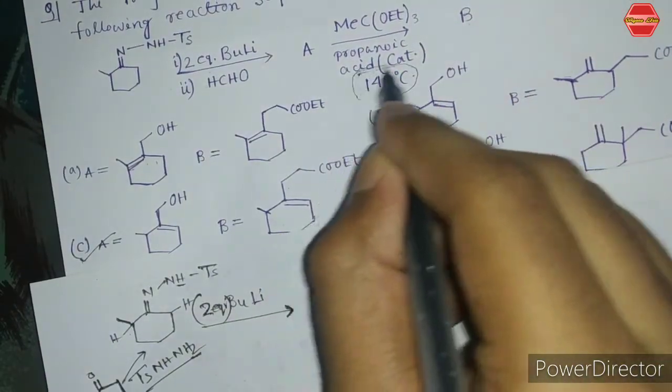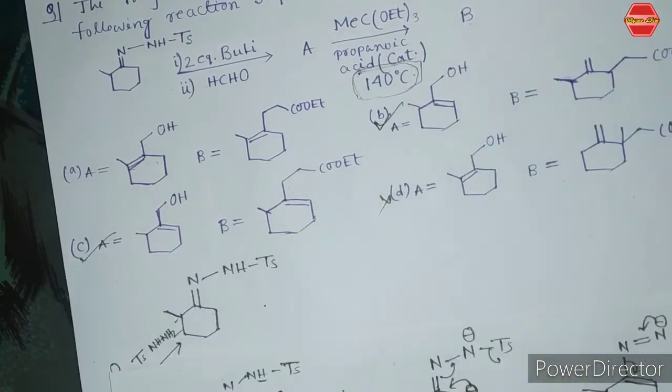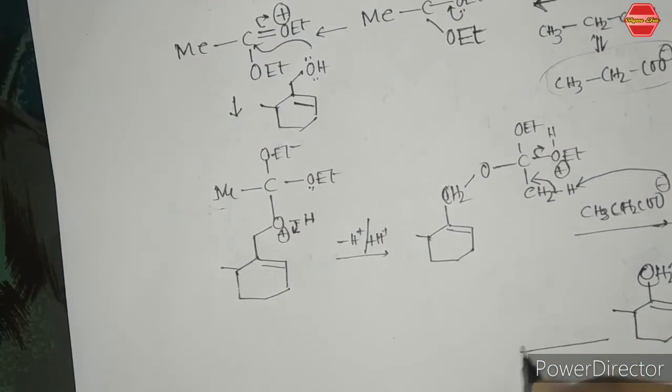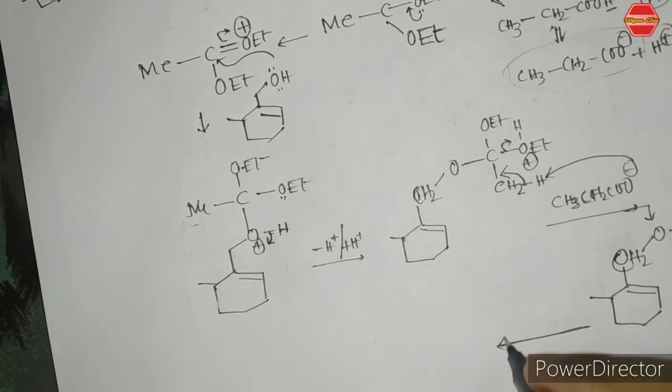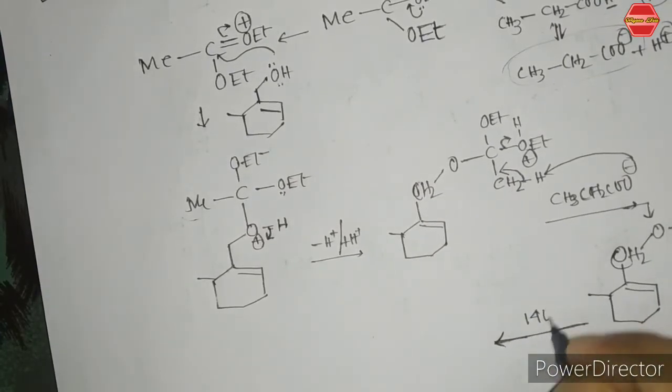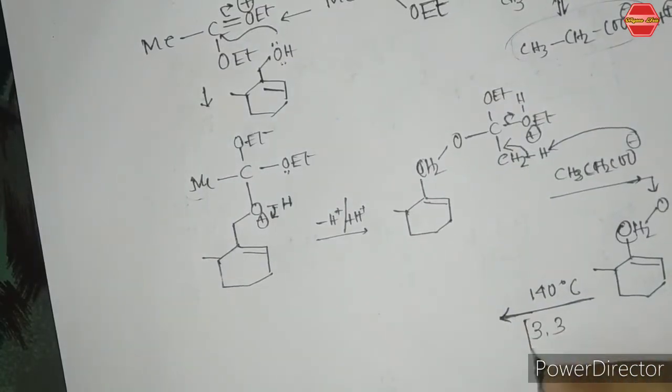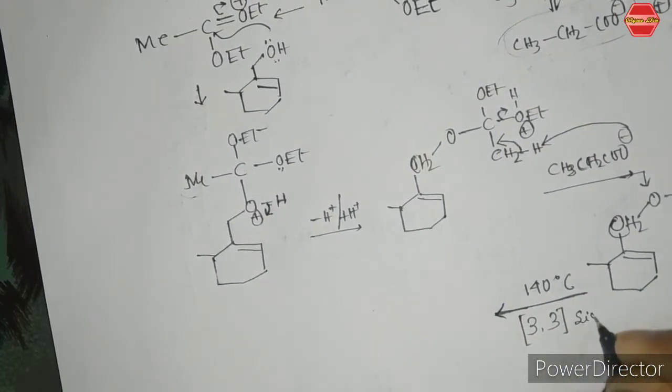Now you have given heat. This is a major amount of it, 140 degree temperature. So here the 140 degree temperature has a great role, that is the 3,3 sigmatropic rearrangement.